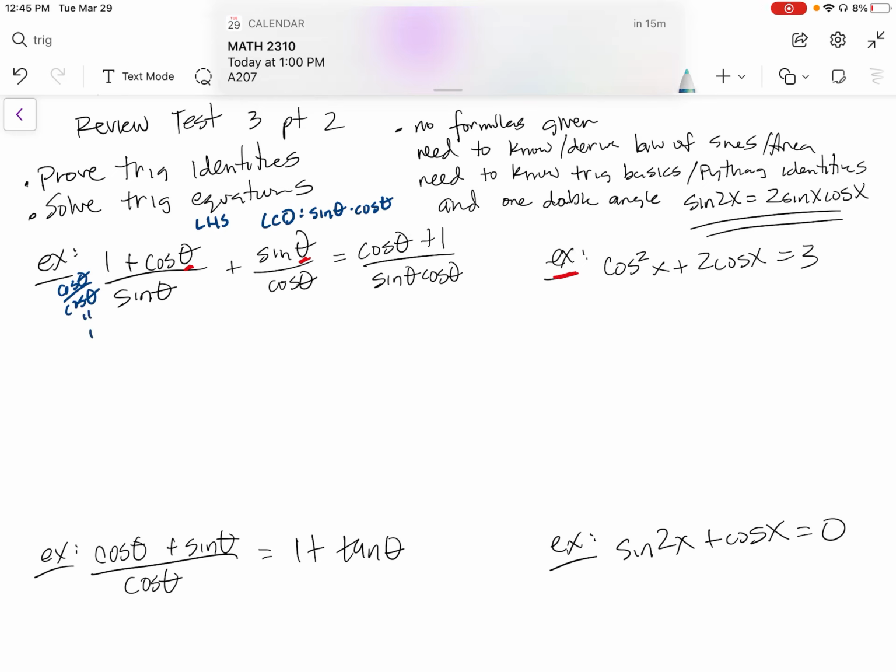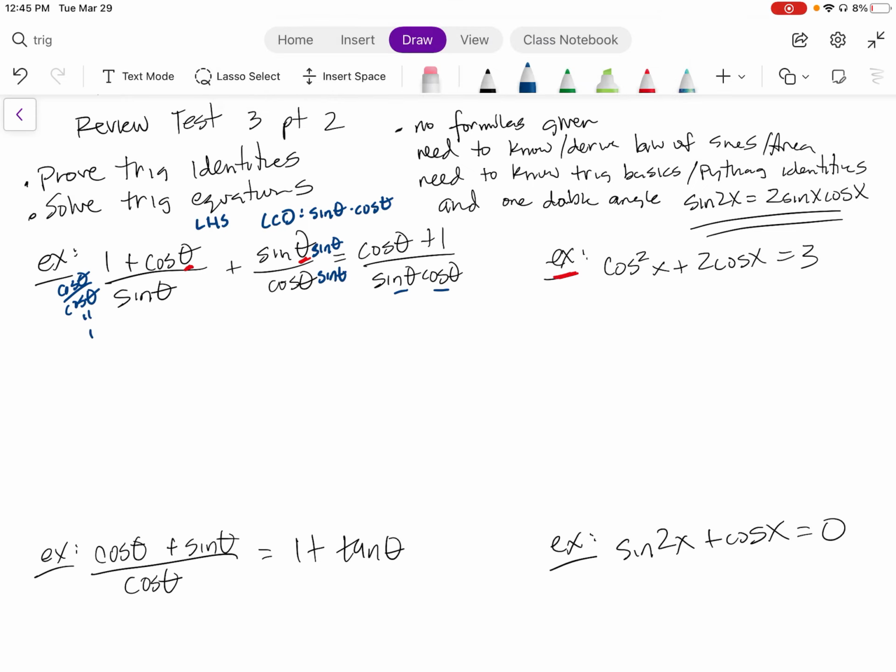I'm not changing the equation, I'm just changing the way it looks. And on this piece here, we need to multiply by sine theta, and then I could see my denominator would match once I have that. So let's proceed.